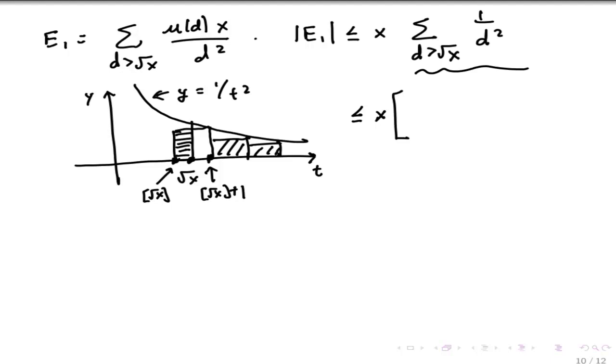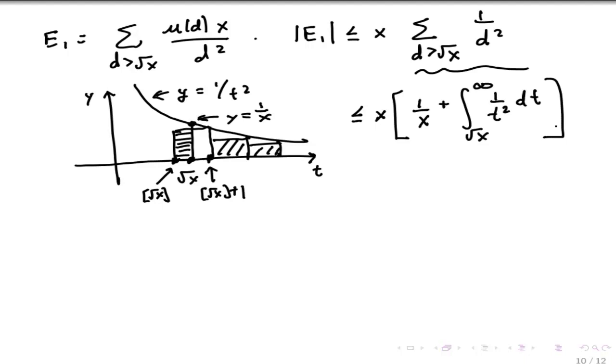And that little piece is at most 1 over x, because this is the curve 1 over t squared, so the height at this point is y equals 1 over x. So this little rectangle here is of area less than 1 over x, and then the rest of this is bounded by the integral from root x to infinity of 1 over t squared dt. So I'm just comparing the sum of all of these pieces here with the area below the curve. And you have this little extra piece to account for.